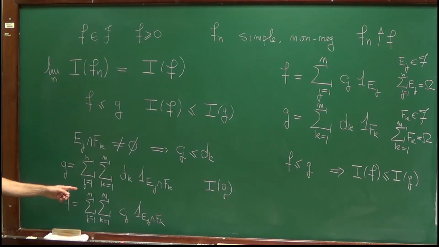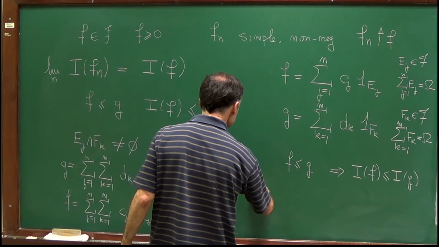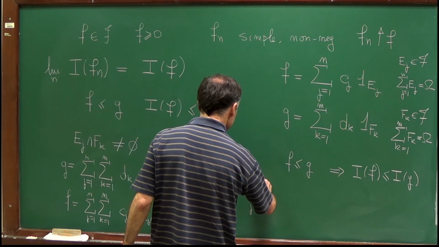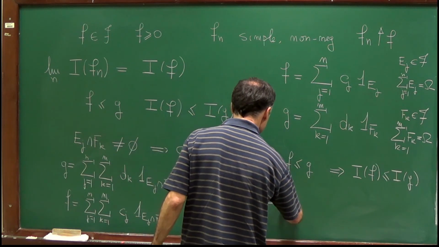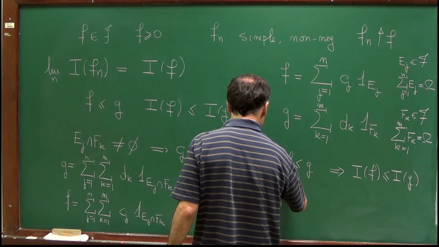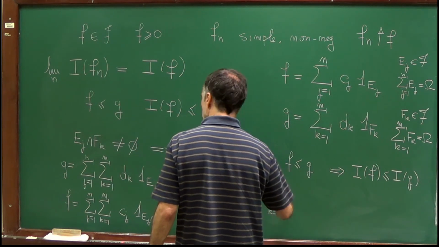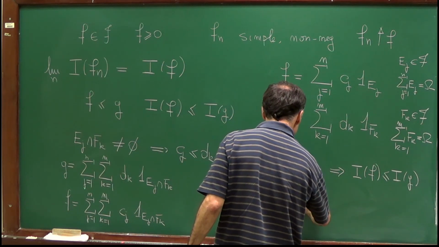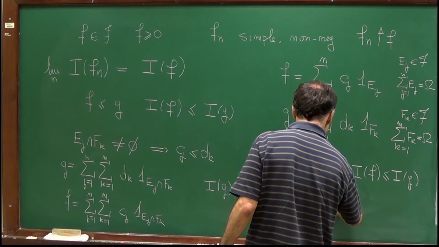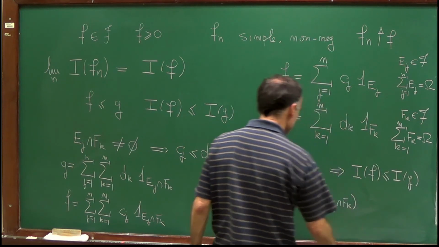So I of g can be written as the sum over n, m of dk times mu of Ej intersection Fk. Right.